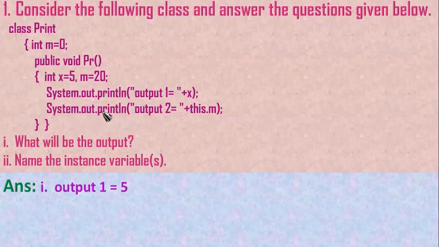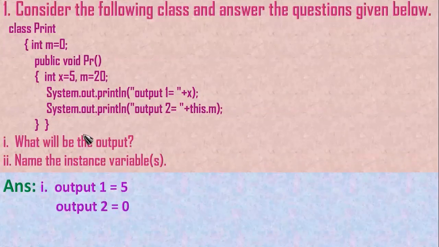The next System.out.println of output 2 is equal to, it will print output 2 as it is. This will be printed in the next line because previously it is given in println, plus this dot m. This dot means it refers to the instance variable. The instance variable is 0, so it will print output 2 is equal to 0.